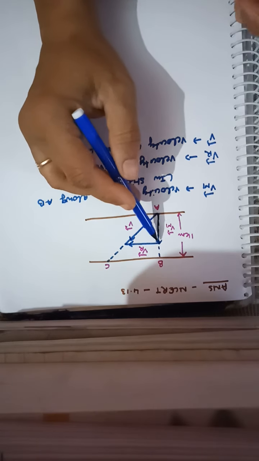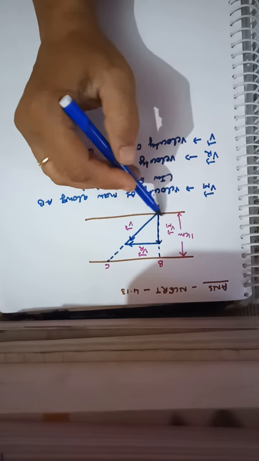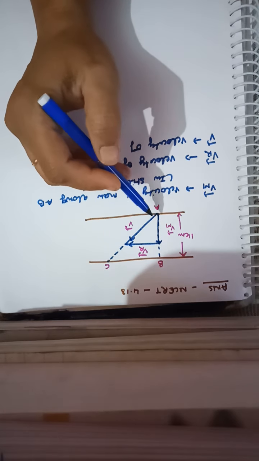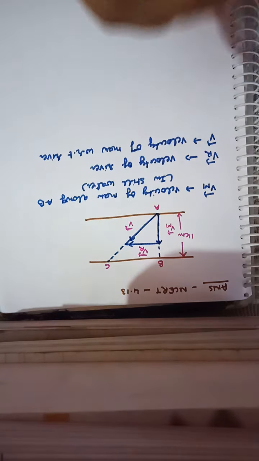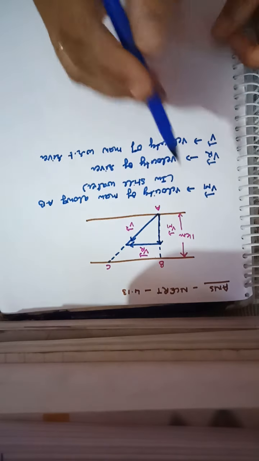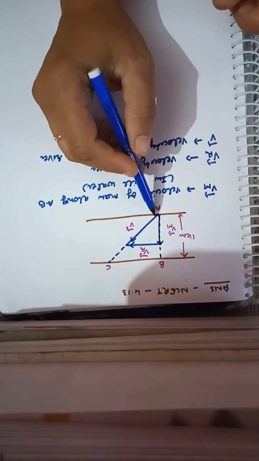But according to the velocity of the river current, the velocity of the man will be affected. But the man wants to give the stroke in the normal direction to the direction of the river current and cross the river. So the question is, how far from the river does he go?